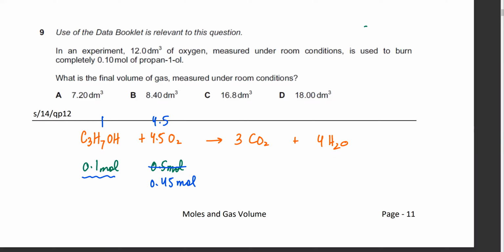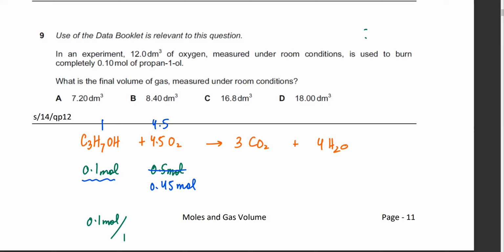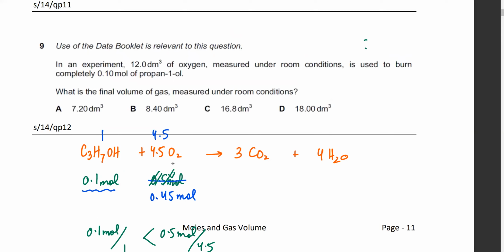You could have used the trick: take the moles of this substance, which were coming out to be 0.5 moles, divide it by its ratio, which was 4.5. This came out to be the bigger number, so you just cut it out. Don't use these moles in the calculation. Is this point clear?